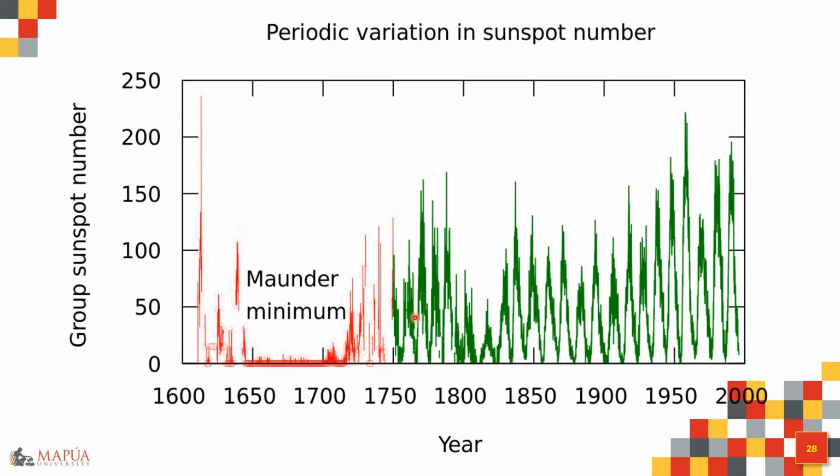So while there's still some forcing from solar activity, the effect of solar activity on the Earth's climate is very minimal compared to the effect of greenhouse gases on the Earth's climate.